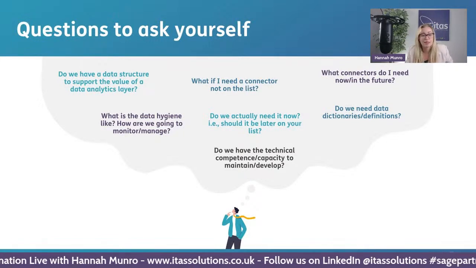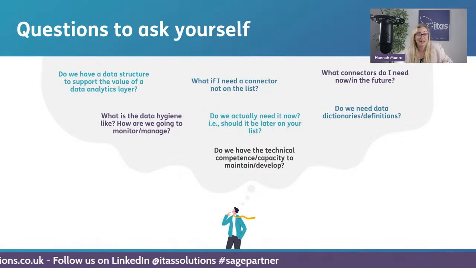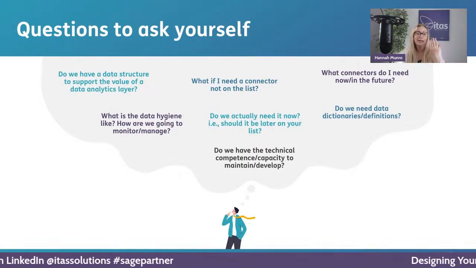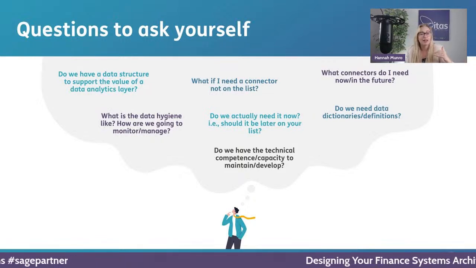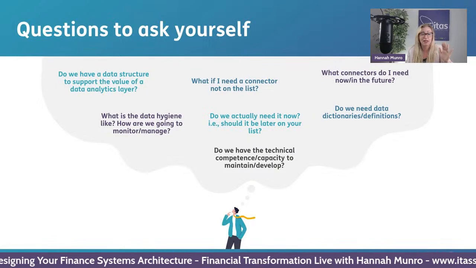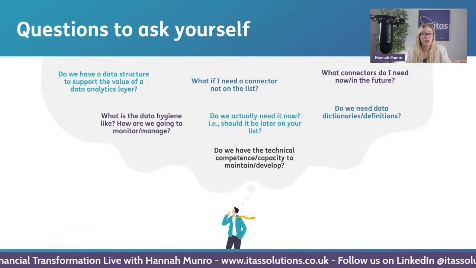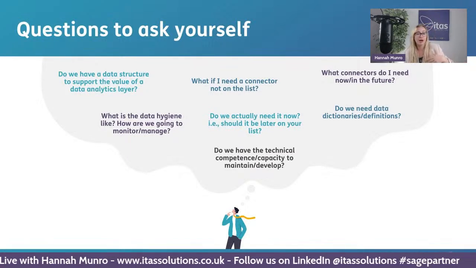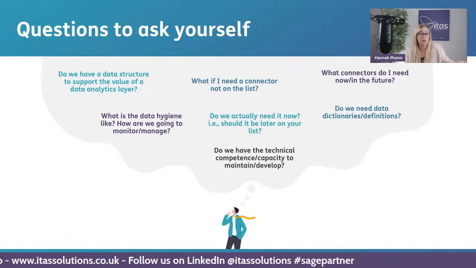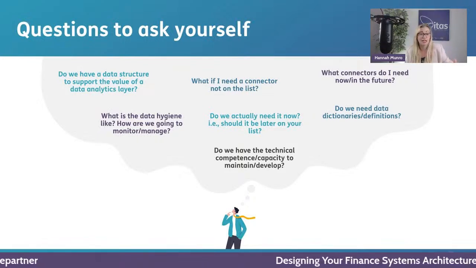For very small businesses, somebody on a lower level of finance capability, something like Xero and Sage 50, you need to decide whether you actually need to go up the scale first, because Sage 50s and Xeros don't tend to have a data structure that supports really good, wide reporting. For instance, the nominal doesn't go down to customer or product or project level. It's a very basic data architecture.